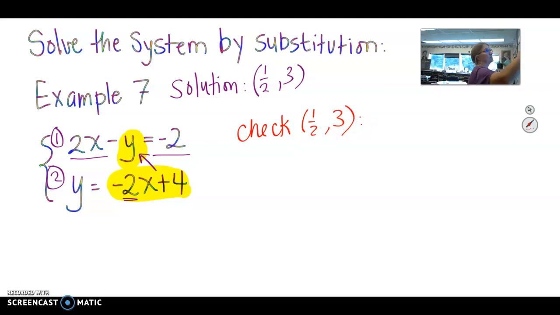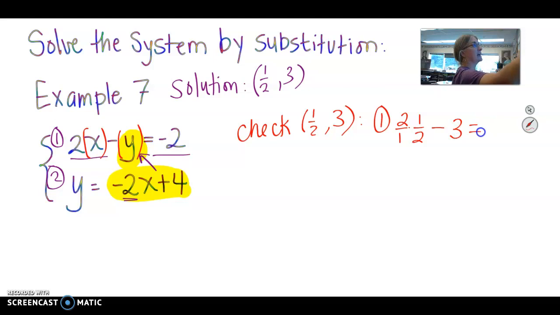I'll plug it into equation 1 first, and I'm going to go 2 over 1 times 1/2, putting 1/2 in for that x, minus 3 in for that y. Does that equal -2? Well, half of 2 is 1. So 1 minus 3, does that equal -2? And yes, it does. 1 minus 3 is -2.